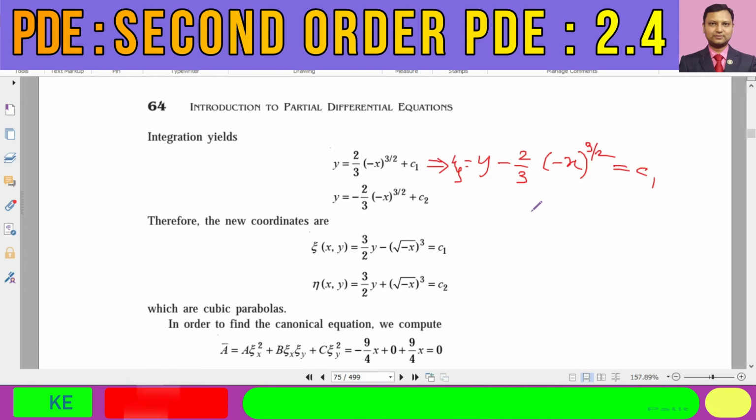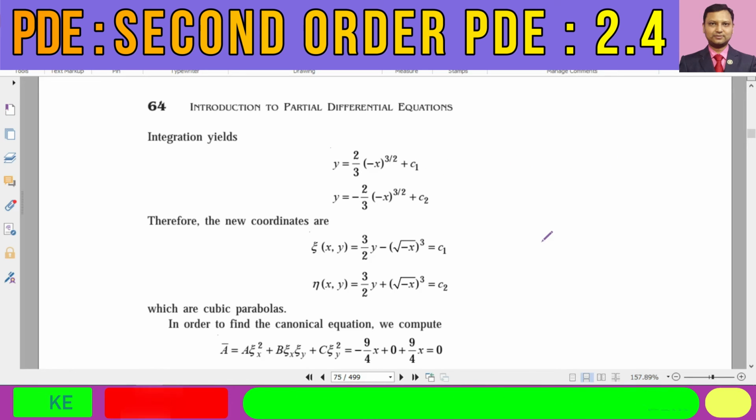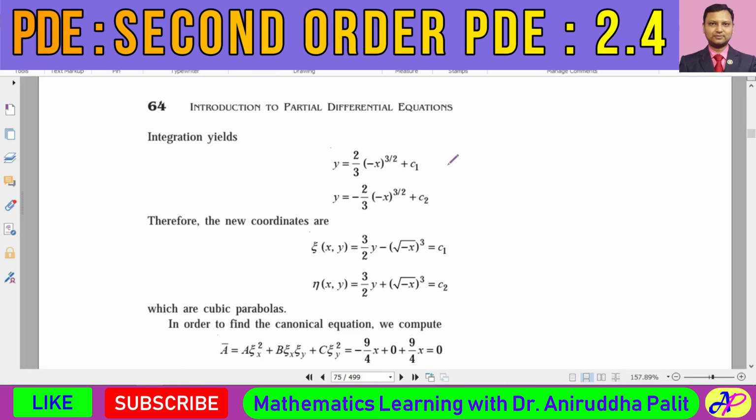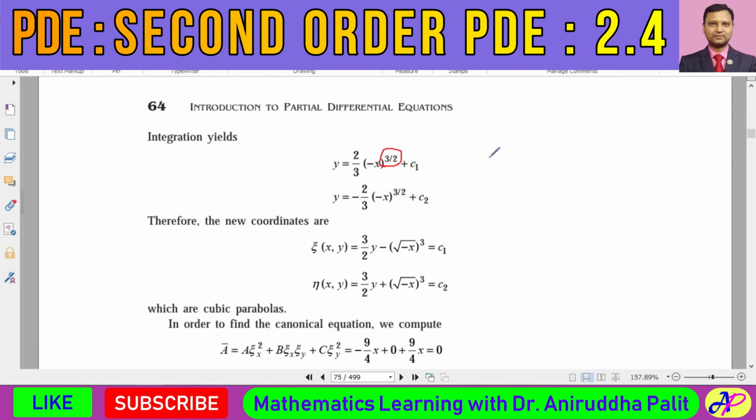But over here you can also write this expression. You see, this is the expression of xi. Now you can also write this expression, in order to get rid of this 3 by 2.